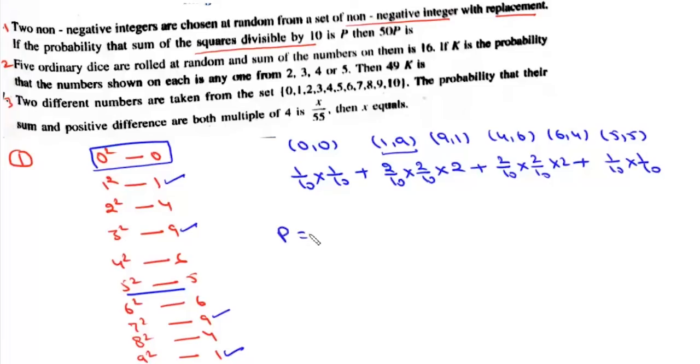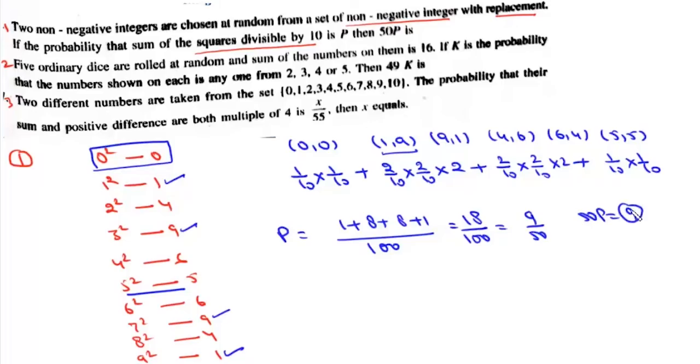So this probability will be 1 plus 8 plus 8 plus 1 over 100, which is 18 by 100, and that is 9 by 50. Now we need to find the value of 50p. So value of 50p is 9, and that is the answer to this question.